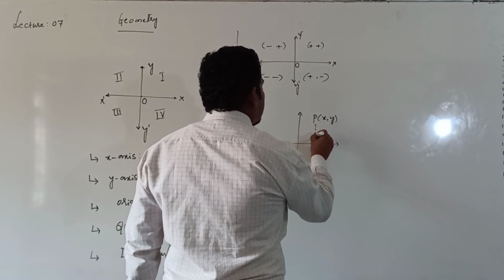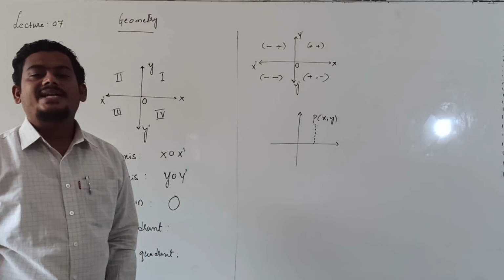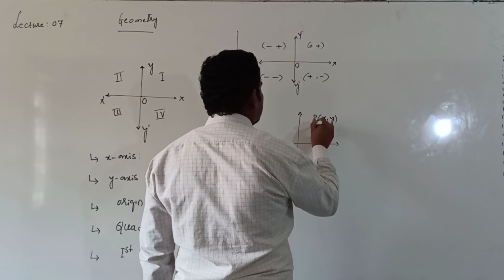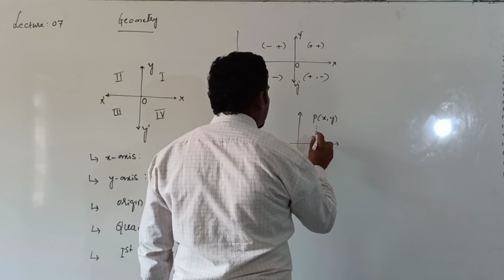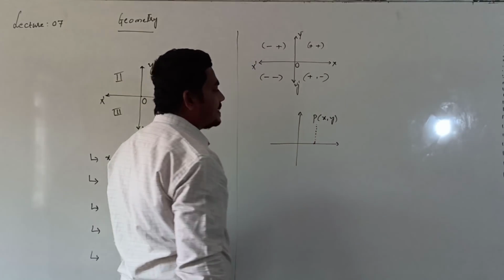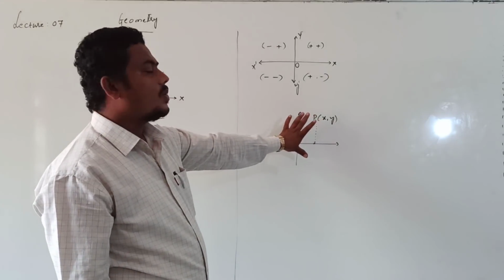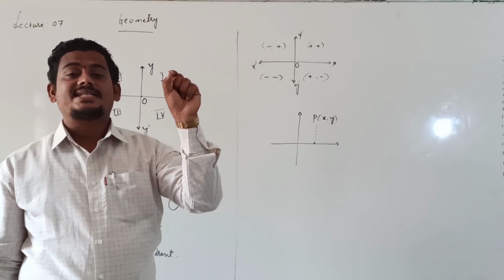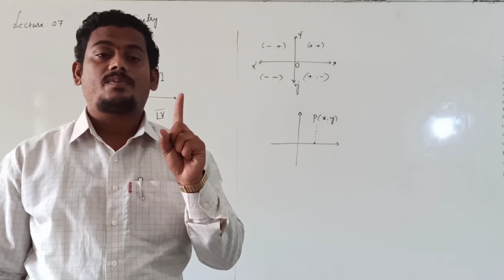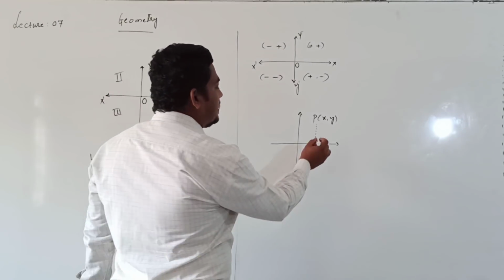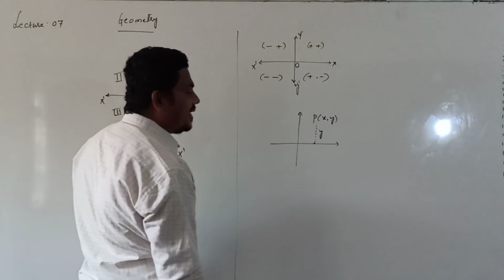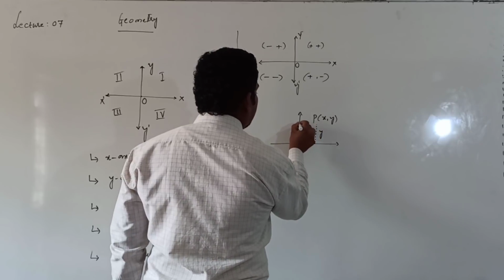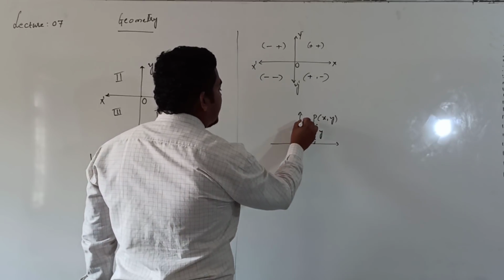Now, what is the vertical distance? Vertical distance is always the y coordinate. The y coordinate of this point represents the distance of the point from the x-axis, not from the y-axis. Horizontal distance is the x coordinate.